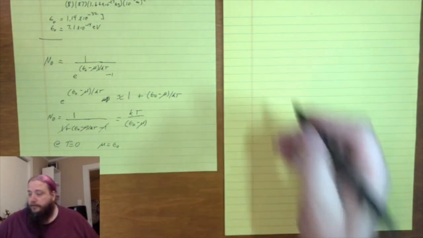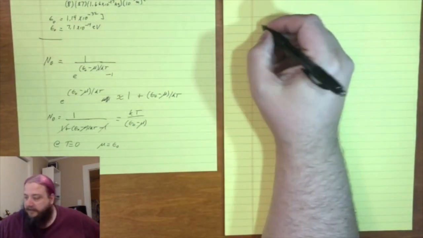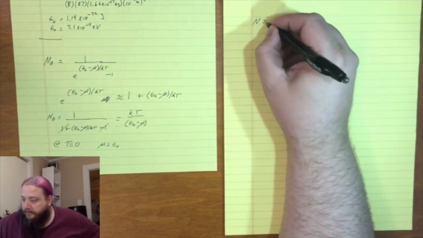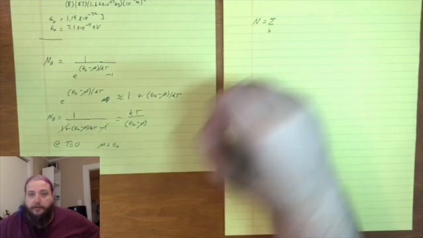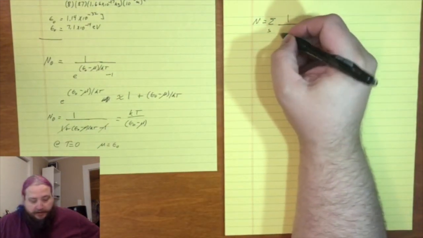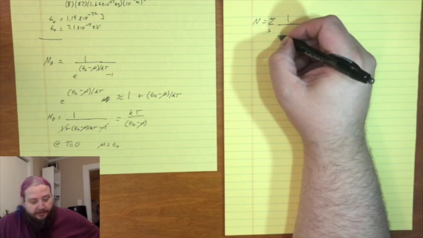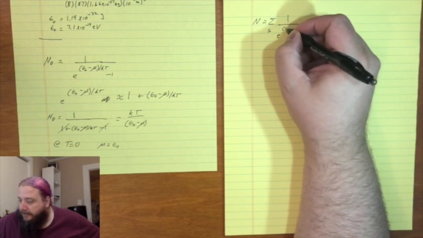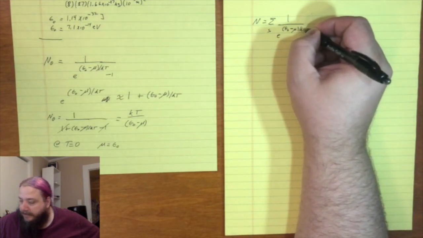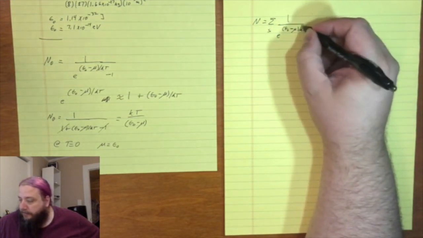In general, we could write that the total number of particles in our system is just the sum over all of the states of, again, the Bose-Einstein distribution, e to the energy of that state minus chemical potential over kT, minus 1.